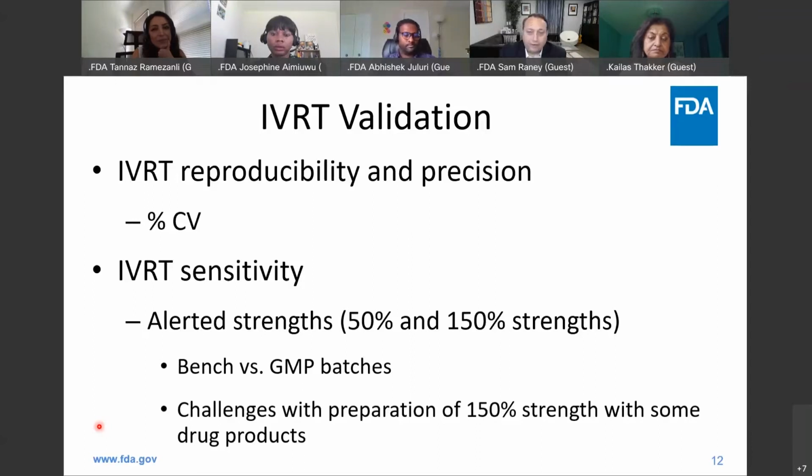Well, hopefully it's clear you do not have to make GMP batches of these 50% and 150% strengths. Yeah. So these are going to be bench scale batches. But I think, Josephine, you would like to clarify what data needs to be submitted with regards to this altered formulation.